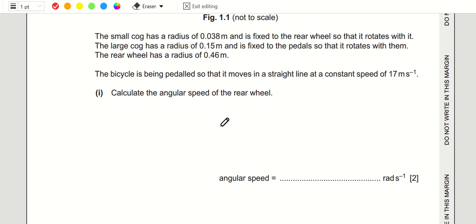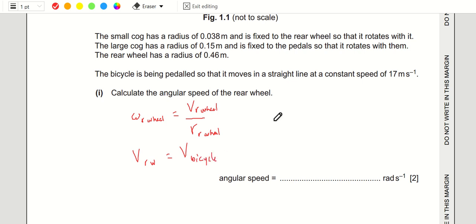So omega rear wheel is equal to V rear wheel divided by R rear wheel, and V rear wheel is equal to V bicycle.